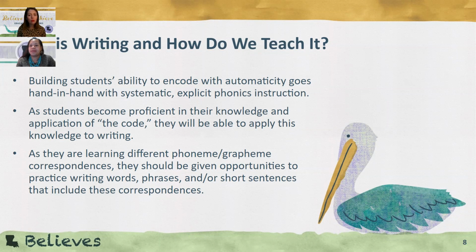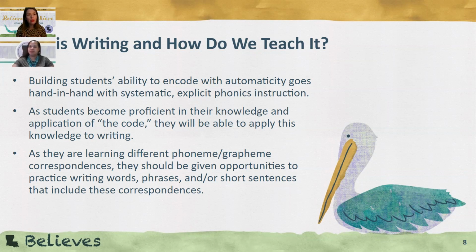Now, how do you do this? Well, you embed this work in your systematic explicit phonics instruction, right? So as you are learning different phoneme and grapheme correspondences, your students need to be given opportunities to begin by practicing writing words that have those spelling patterns in them, right? You might have little spelling tests that have the spelling patterns that you've introduced, so you can get a sense, can they write words that include those patterns, right?